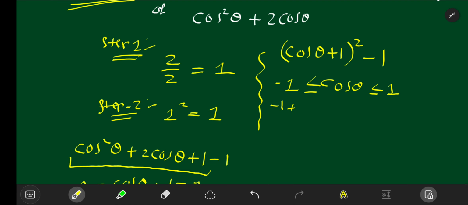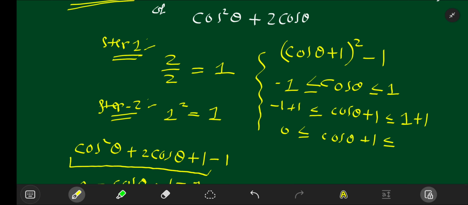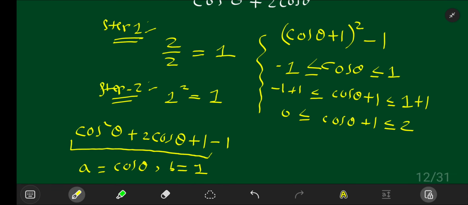Minus 1 plus 1 less than or equal to cos theta plus 1 less than or equal to 1 plus 1. Minus 1 plus 1 is 0. 0 less than or equal to cos theta plus 1 less than or equal to 1 plus 1 is 2. Now the whole square is there. Just square it.